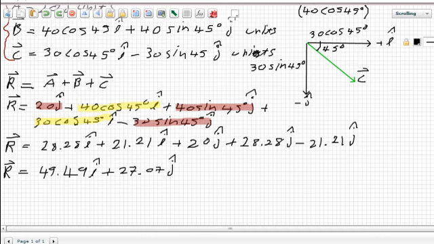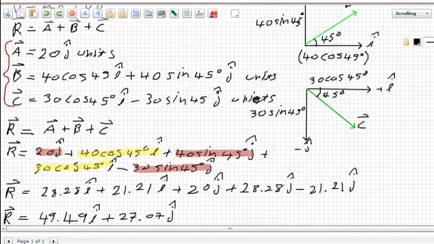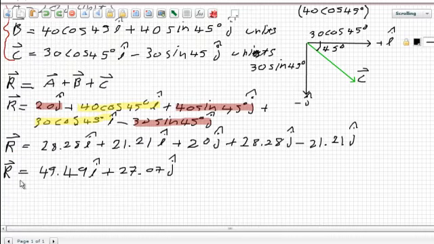And that concludes the first part of question A, which asked us to find the resultant in unit vector notation. So we've basically done everything they've asked for. Now here's our resultant, and here it is in unit vector notation. That is, it's written in both its i and j component.